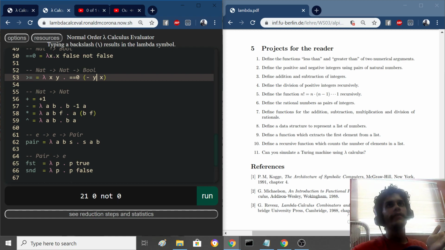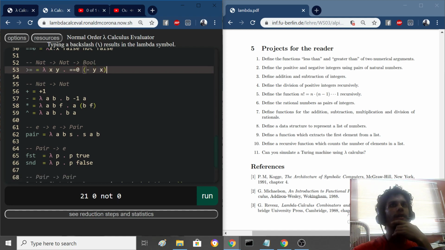So if x is greater than y, then the result of this, y minus x, is 0. So if y minus x is 0, that means that x was at least y or it was greater. So that means that this is true. X is greater than y.